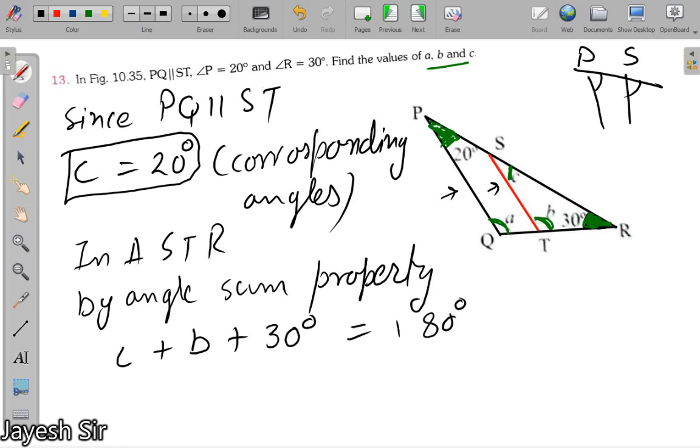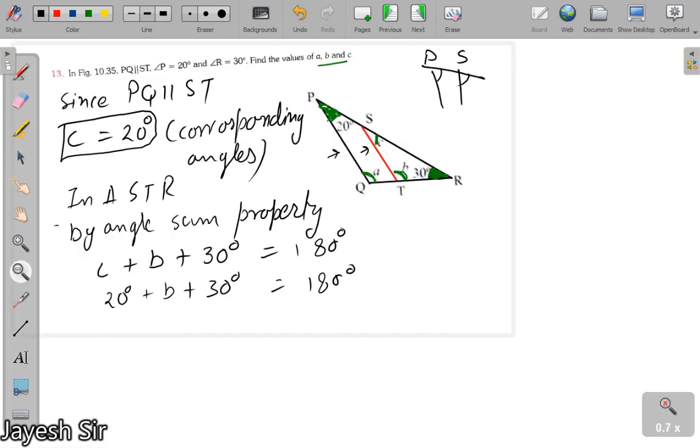Now we already know angle C is 20 degree, so 20 degree plus B plus 30 degree is equal to 180 degree. On solving this, you will get B is equal to 180 degree minus 50 degree, that is 130 degree.